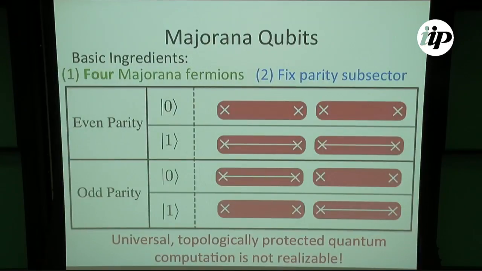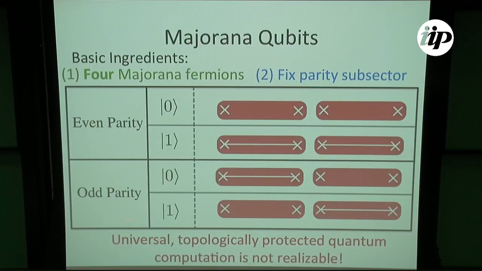So let me just give a short introduction to using Majoranas as qubits. The basic ingredients for using Majoranas as qubits is one needs 4 Majorana fermions, and one needs to fix the parity of your states.